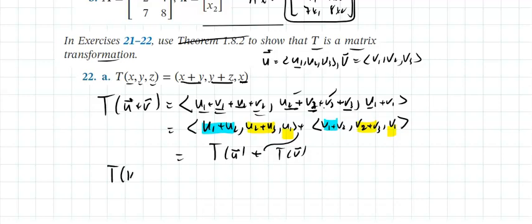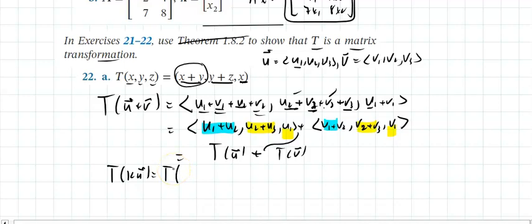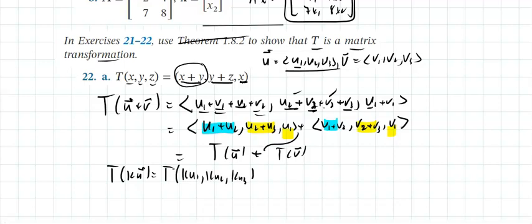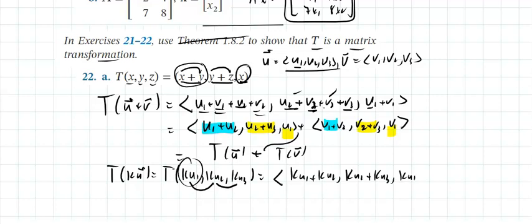And if I take the transformation applied on ku, let's say, wouldn't that be T of ku1, ku2, and ku3? Based on the transformation, that would be ku1 plus ku2, then ku2 plus ku3, and then the i component, which is k of u1.